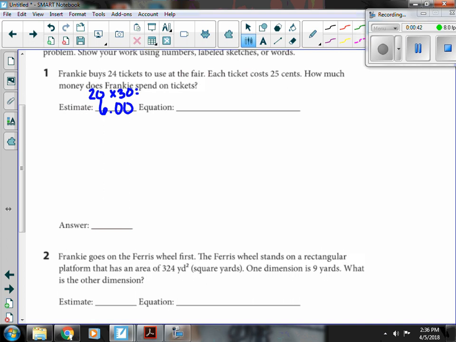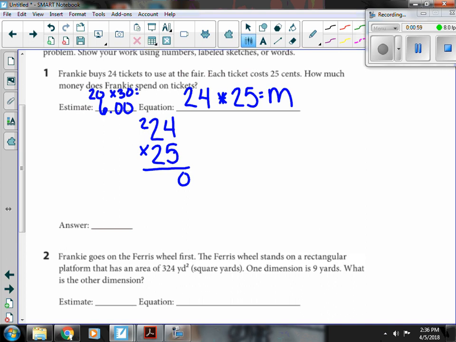Then I need my equation. Well, I'm really going to solve 24 times 25, and that'll tell me the amount of money that I need to spend. So I set up my problem. 5 times 4 is 20. 5 times 2 is 10, plus 2 is 12.